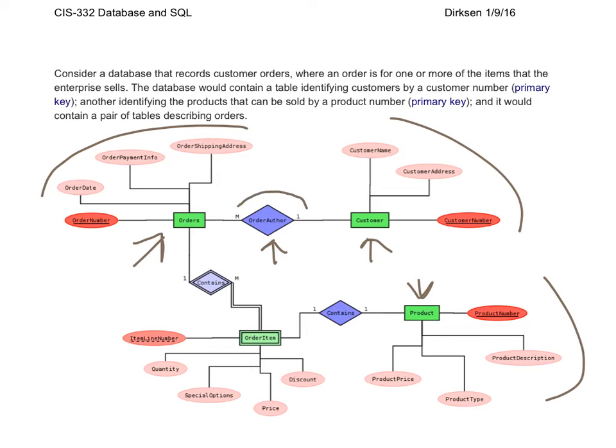One customer can have many orders, but each order can only have one customer. One to many. An order can contain many order items. An order item contains a product. That's a one-to-one. Yeah, so one product, one order. That would make sense.